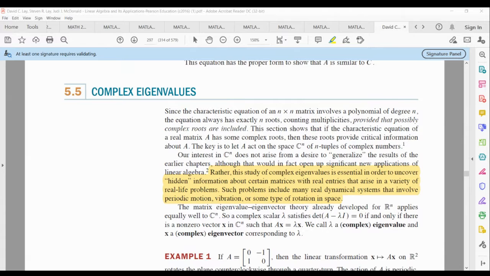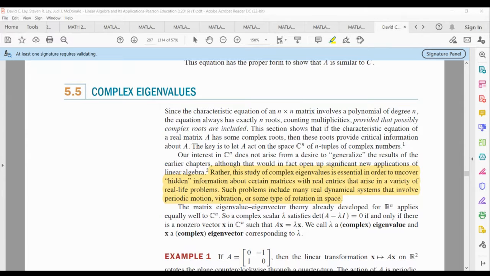They're saying in section 5.5 that the study of complex eigenvalues is essential in order to uncover hidden information about certain matrices with real entries that arise in a variety of real-life problems. Such problems include many dynamical systems that involve periodic motion, vibration, or some type of rotation of space.